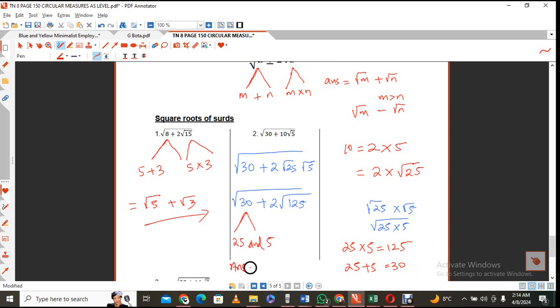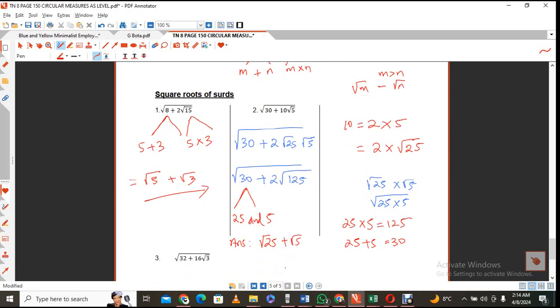So our answer here would be the square root of 25 plus the square root of 5, which we can actually go ahead and clean up. And our final answer in this case would be nothing but 5 plus root 5. This is the answer to this particular question.